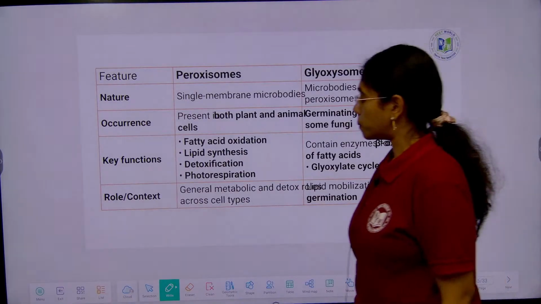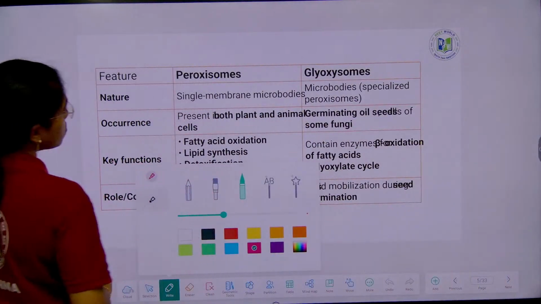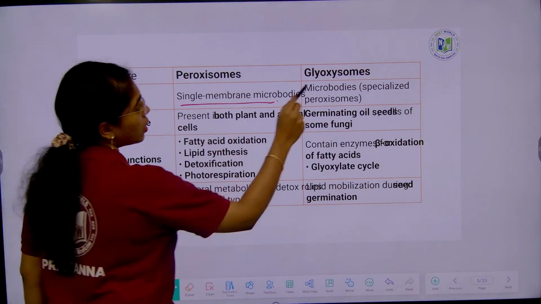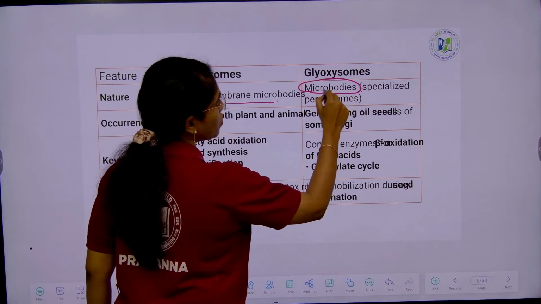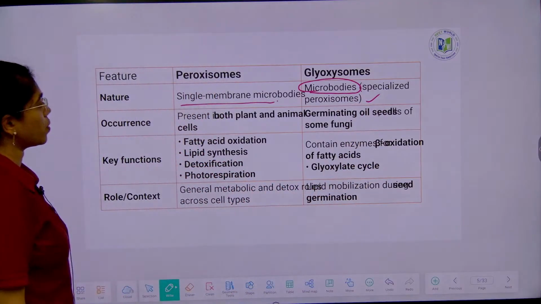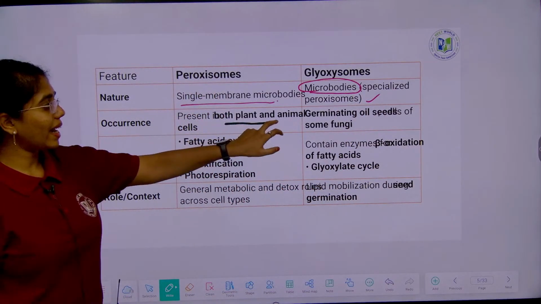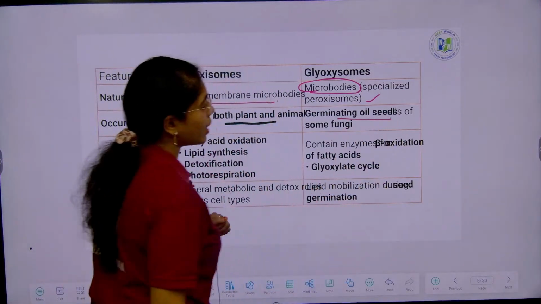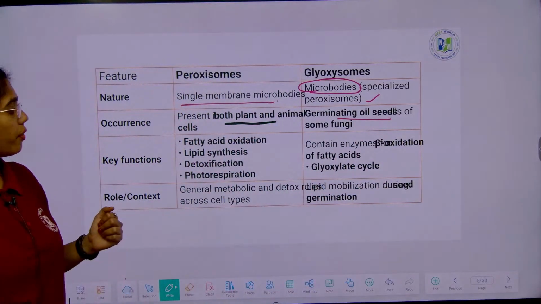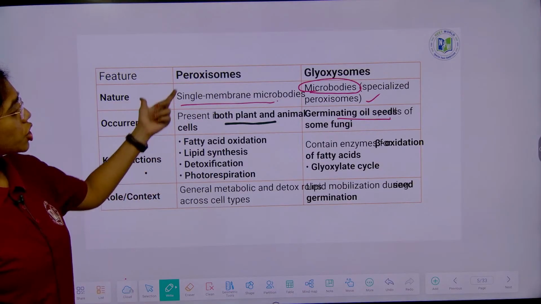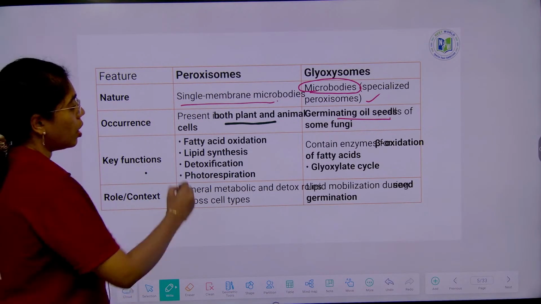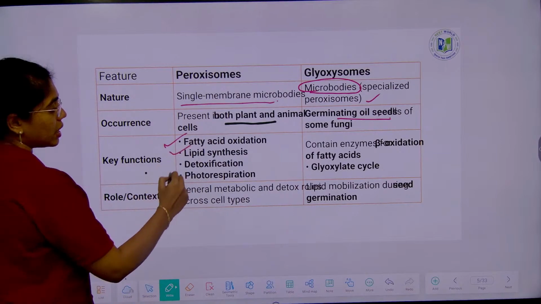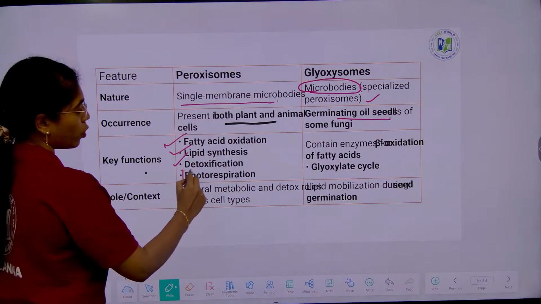Here you see peroxisomes, single membrane bound organelles. Glyoxysomes are microbodies which are specialized peroxisomes. Their occurrence is in both plant and animal cells, but glyoxysomes are present only in germinating seeds and some fungi. Functions of peroxisomes include fatty acid oxidation, lipid synthesis, detoxification and photorespiration.